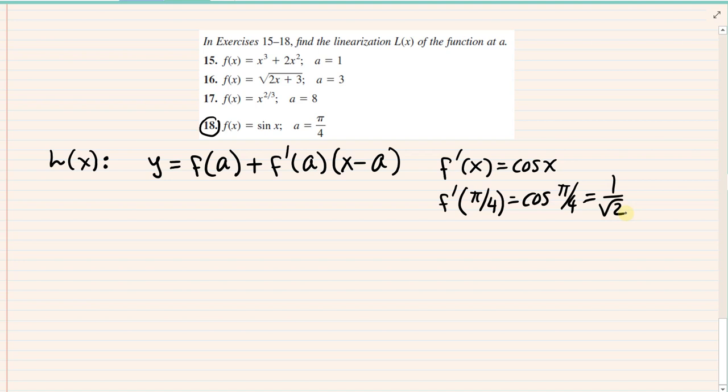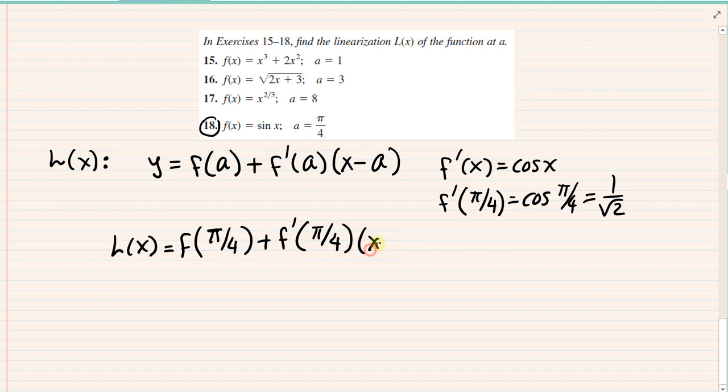All right, and we can do the linearization now. So the linearization, we can even call it L of x, is equal to f at pi over 4 plus f prime at pi over 4, which we just evaluated, times x minus pi over 4.